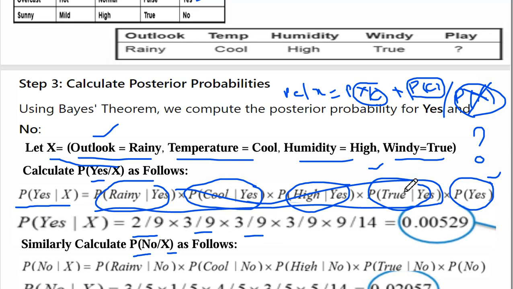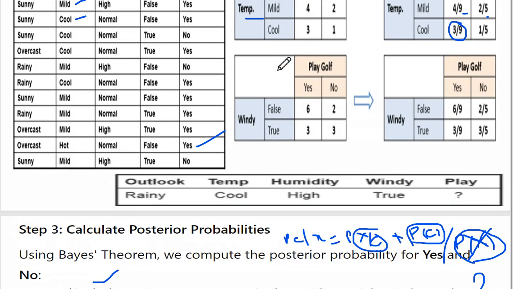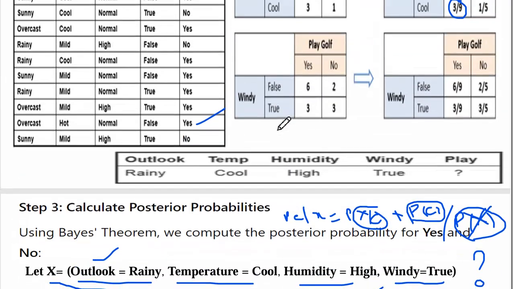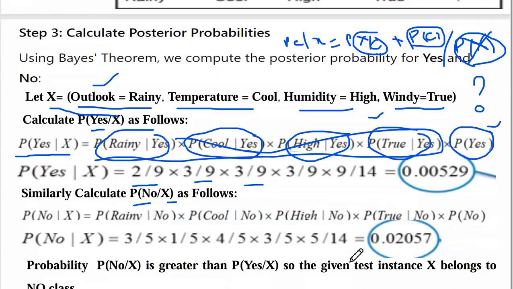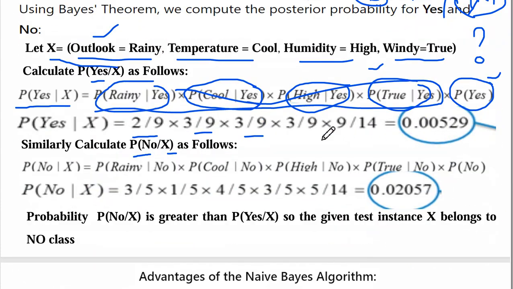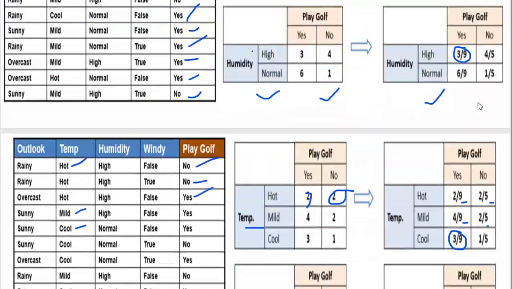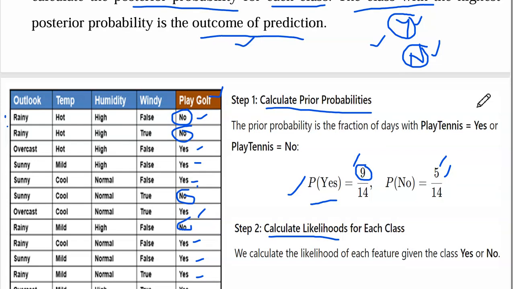Next, wind equal to true by yes. Go to the windy frequency table, with true, and the likelihood probability is 3 by 9. So here we write 3 by 9. And the probability of yes: in the first step we found the probability of yes and the probability of no. Probability of yes is 9 by 14, probability of no is 5 by 14.